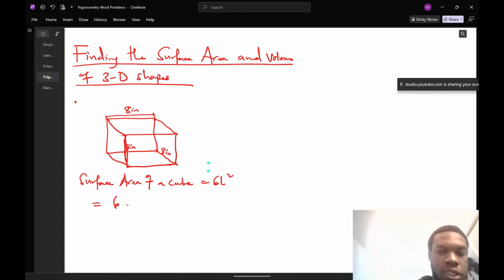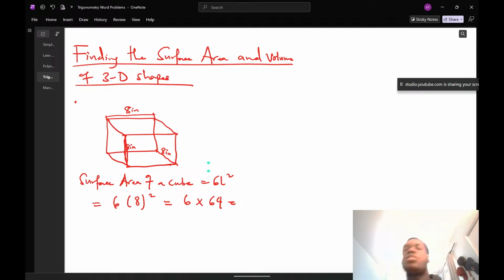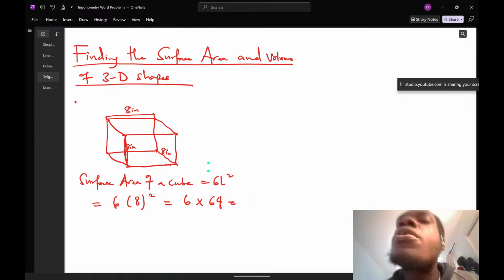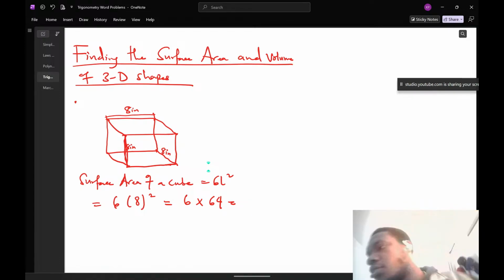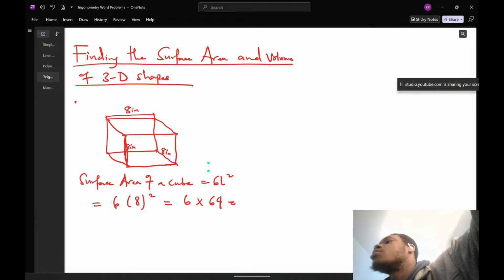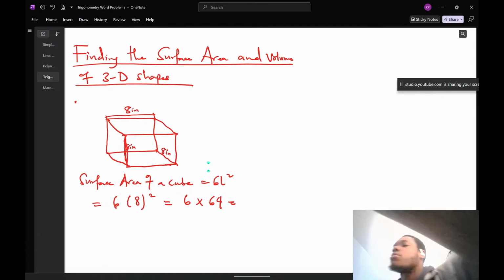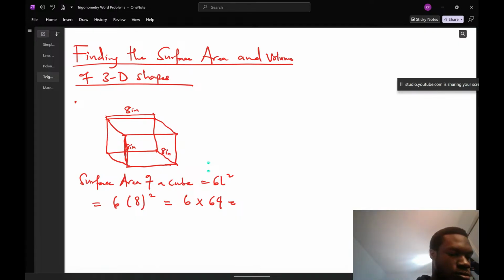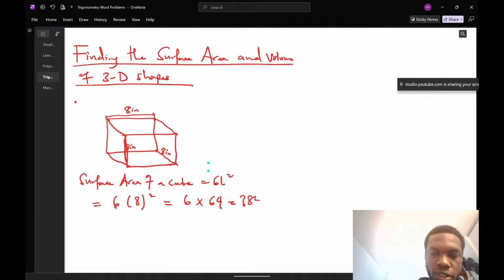So that will be 6 times 8 squared. So 8 times 8 is 64, so that will be 6 times 64. Let me quickly punch it in my calculator. So that will be 384 inches squared.